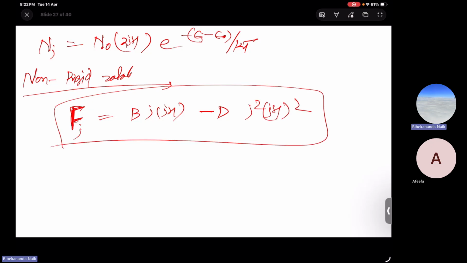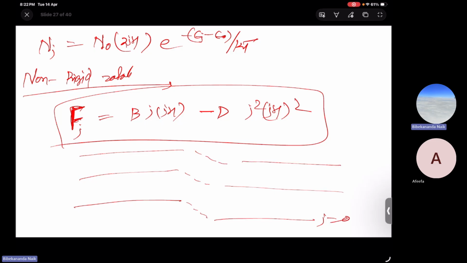Compared to the rigid rotator, this minus sign means the energy is lowered for each level, and due to that the spectral lines that used to be equally spaced are no longer equally spaced in the rotational spectrum.